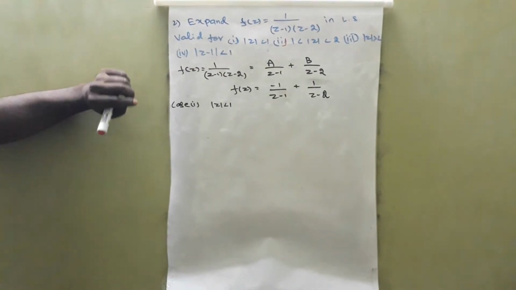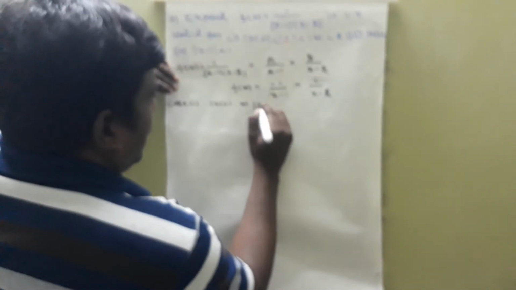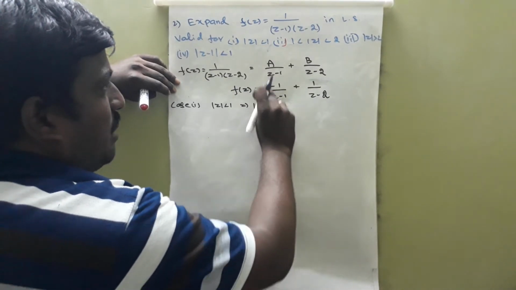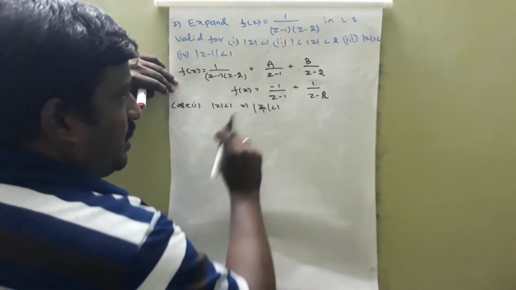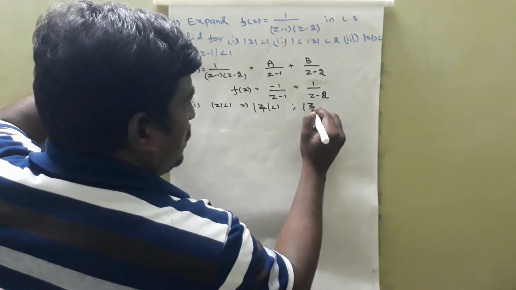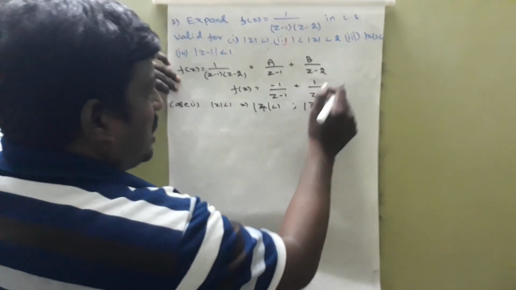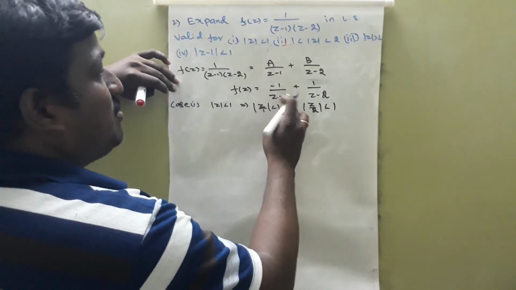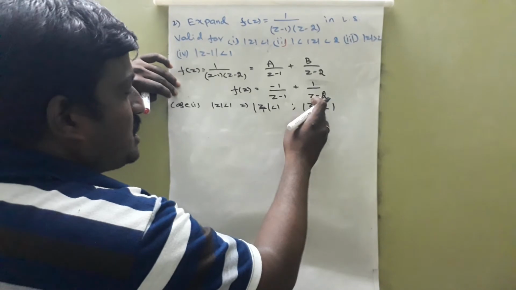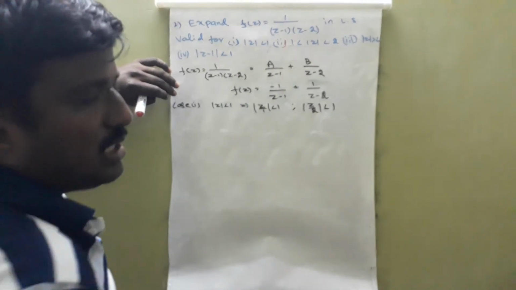In this term I have z by 1, in this term I have z by 2. So directly I get modulus of z by 1 less than 1, and for this, the same type, z by 2 less than 1.